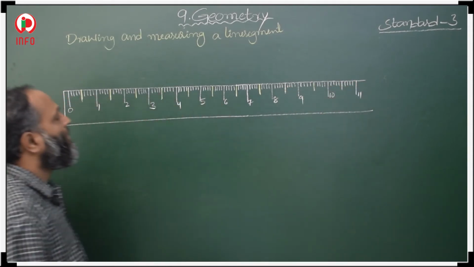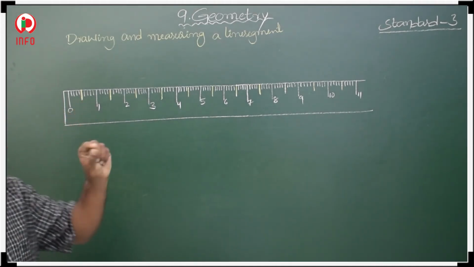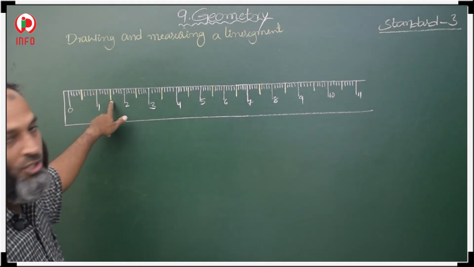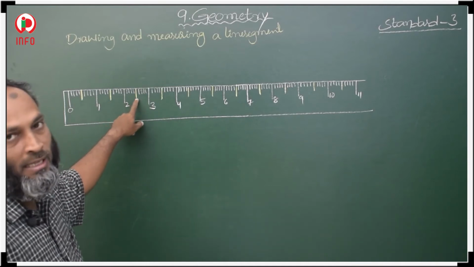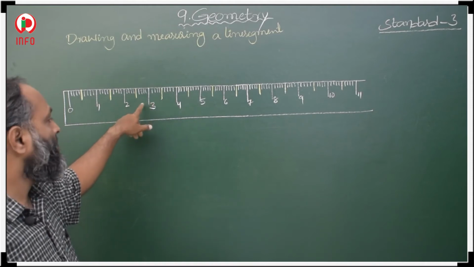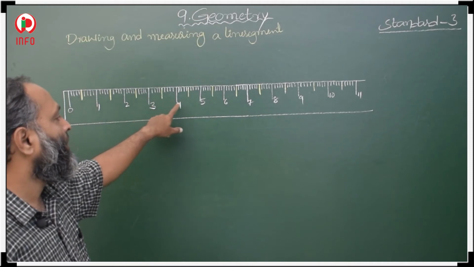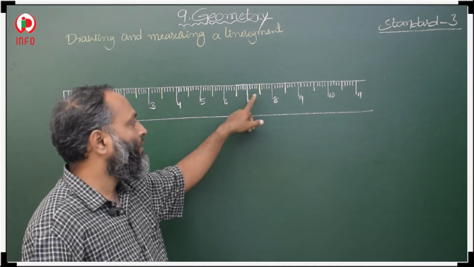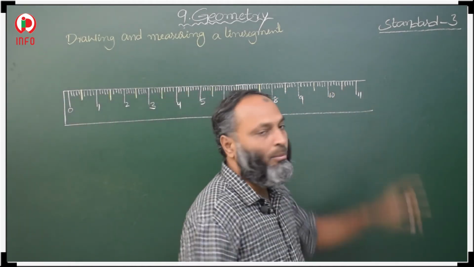In between the marked numbers, this represents 0.5, this represents 1.5, this 2.5, exactly in the middle of 2 and 3. This middle line is 3.5, this is 4.5, 5.5, 6.5, 7.5, 8.5, 9.5 and 10.5.